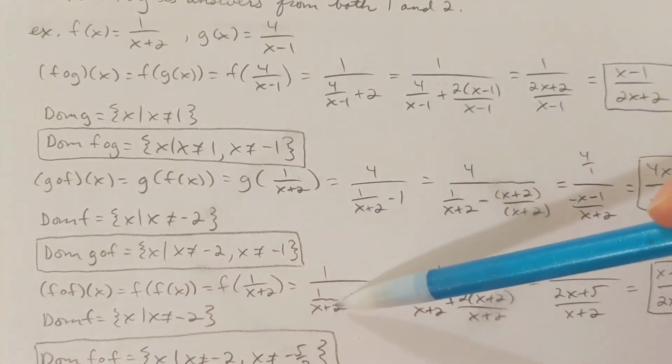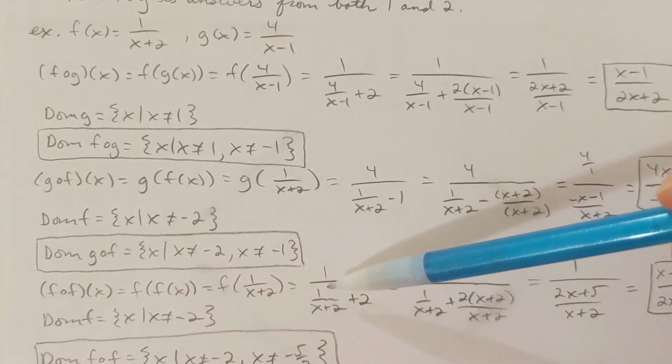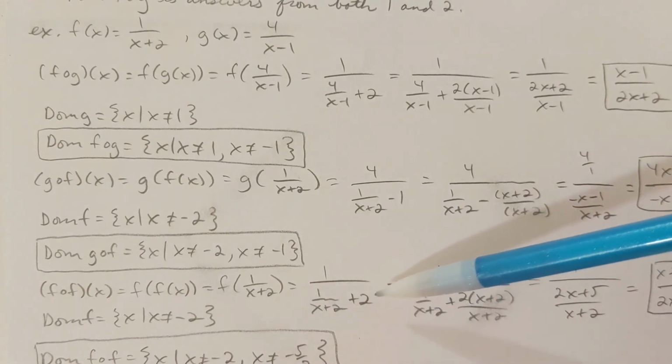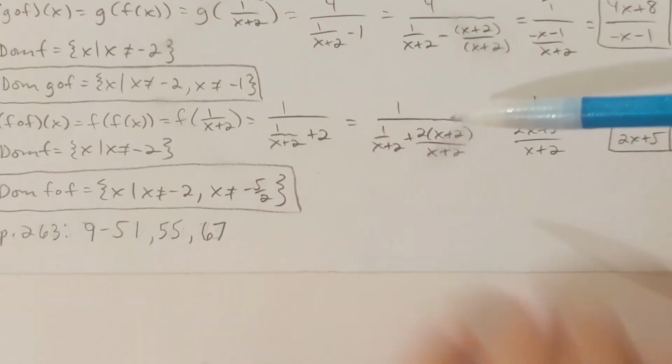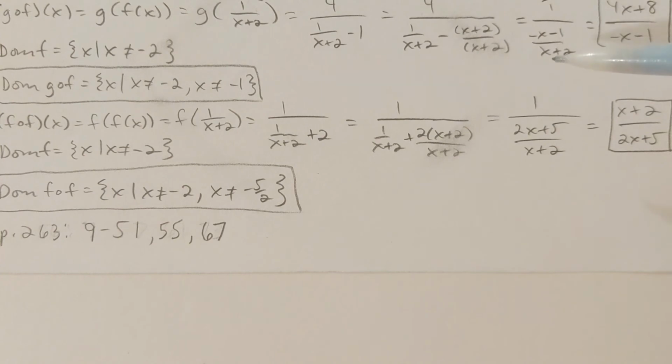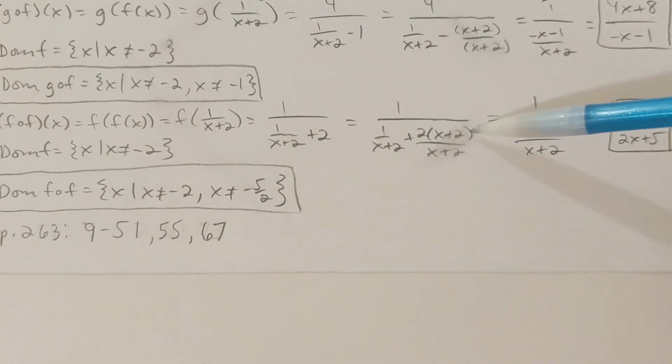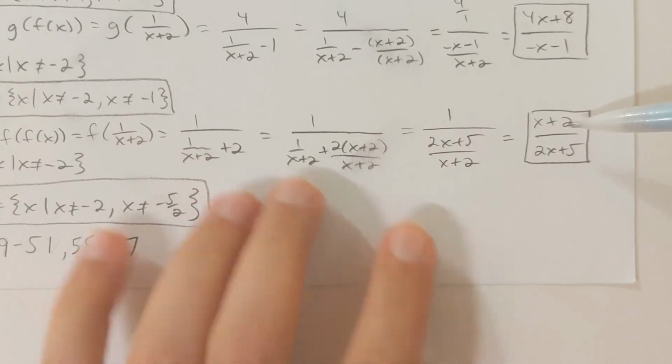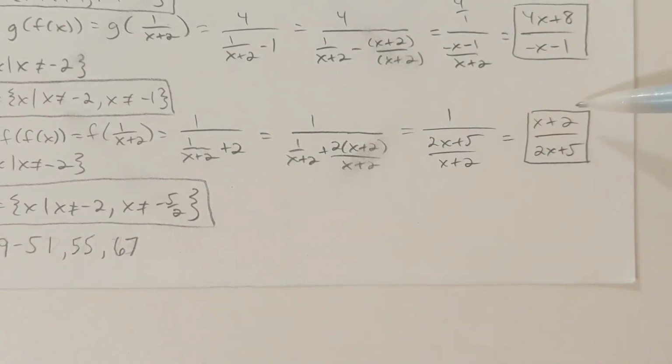Replace the x with 1 over x plus 2. So I get 1 over x plus 2 plus 2. 2 is the same as x plus 2 over x plus 2. So I got 1 over 2x plus 5 divided by x plus 2. And I can flip that. That's going to give me x plus 2 divided by 2x plus 5.